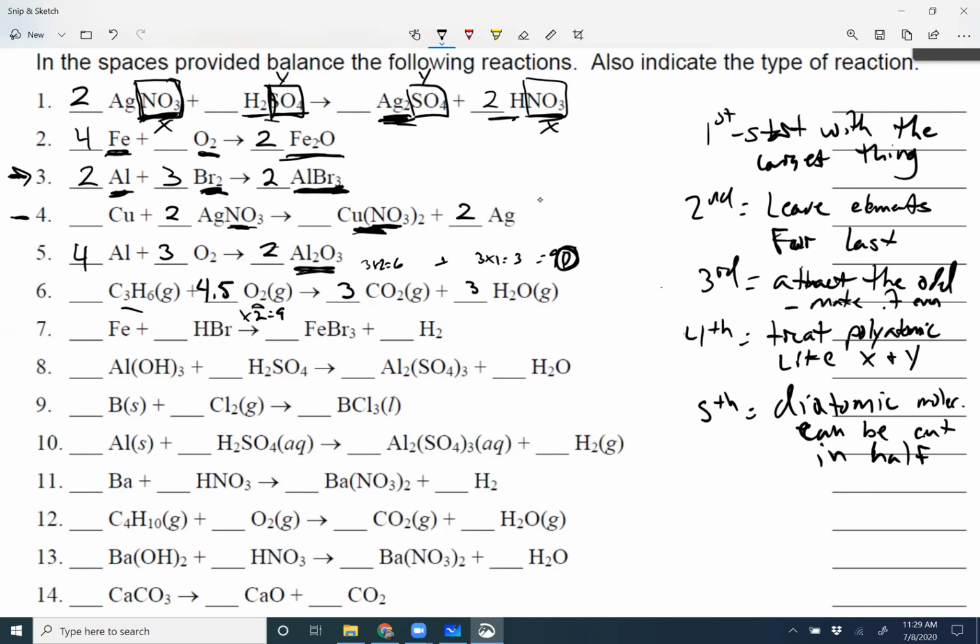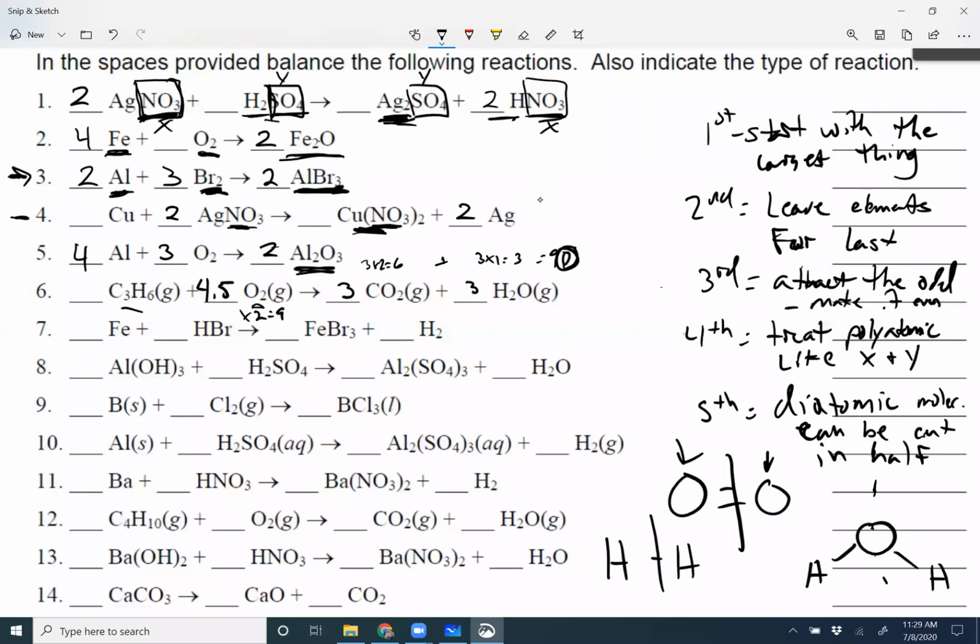And the answer is, for diatomics, yes. And the reason why is this is oxygen. So if you cut oxygen in half, it's still just oxygen. And this is hydrogen. So if you cut hydrogen in half, it's hydrogen. But this is water. And so if you say you have half a molecule of water, how does that work?